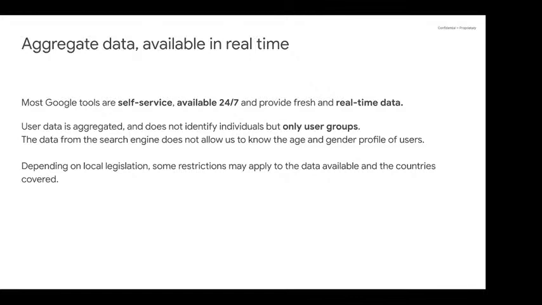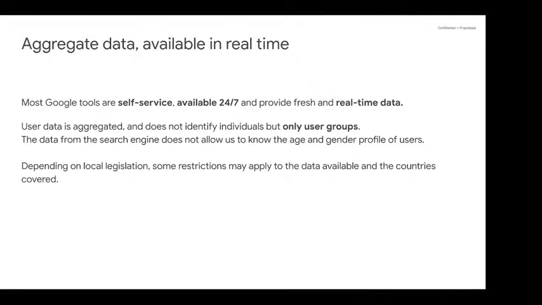One important thing to understand is that we are really taking care of privacy. All of the data that is presented in all of Google tools, including Google Analytics that we'll not cover today, is usually aggregated so that you wouldn't be able to point out individual user behavior, and the privacy is compliant all the time.